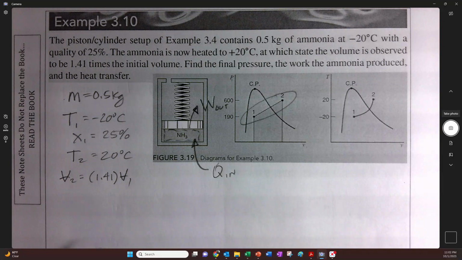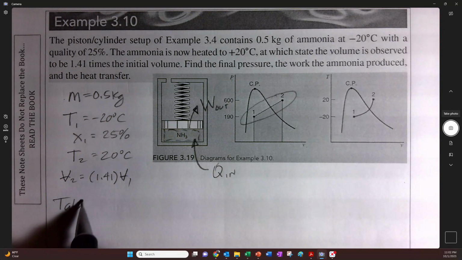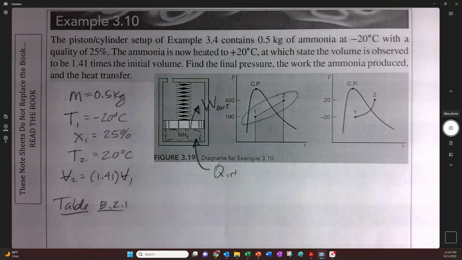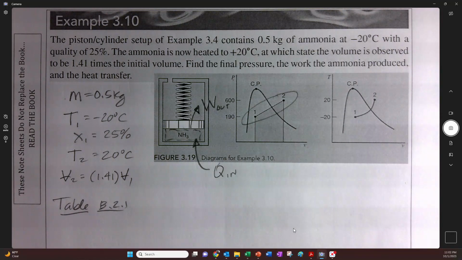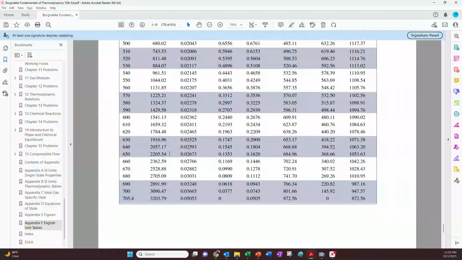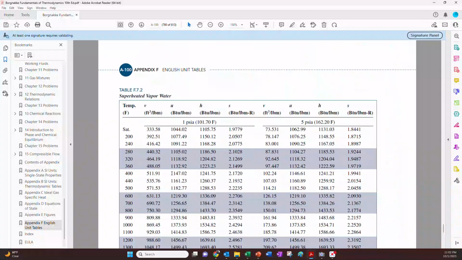Okay. So I'm going to go to table B.2.1 in our textbook. First, I'm going to get rid of that. And ammonia, so it's B.2, huh? Oh, no, wrong units. Let's see.